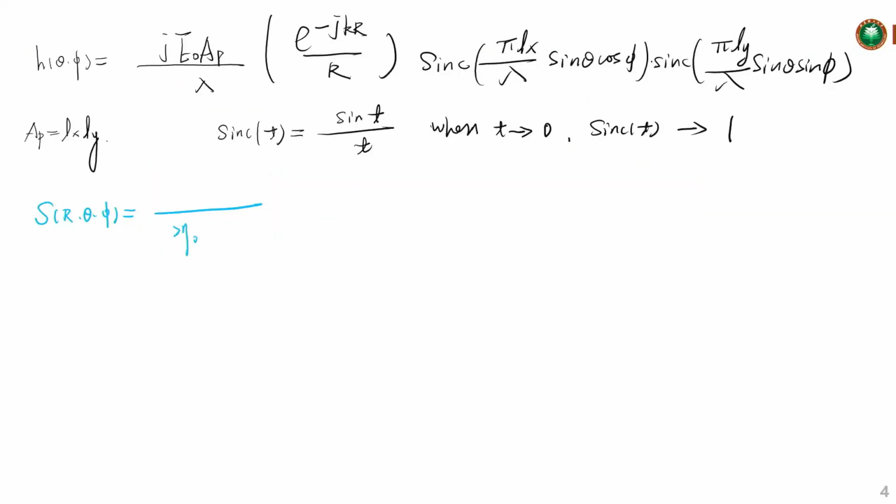To eta node lambda square r square absolute square h theta phi. Alright, so this part, the real part can be taken out. E node square, and 2 meter node, lambda fourth r square.